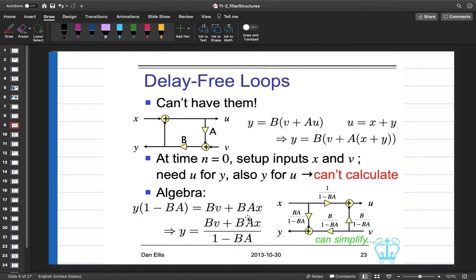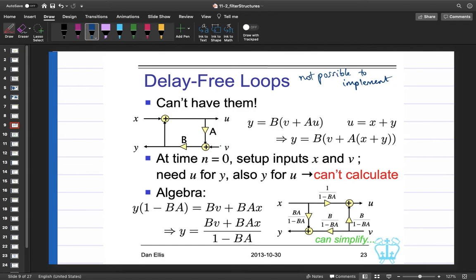Okay, now there is one point of caution: delay free loops are not possible. So see, this is the loop. So these are not possible to implement. So see, this is a loop, and so my u is simply x plus y, right?